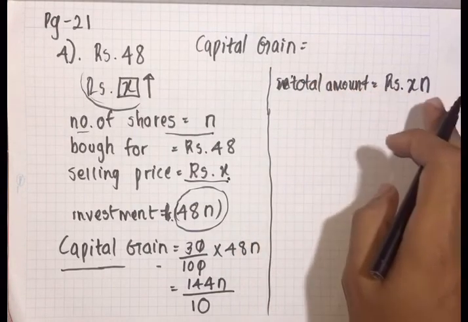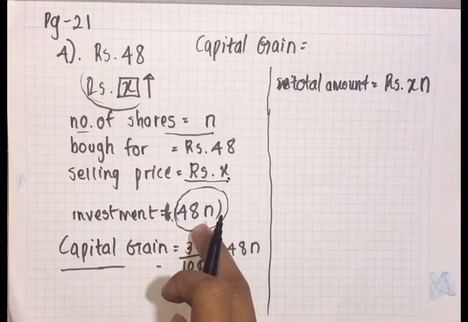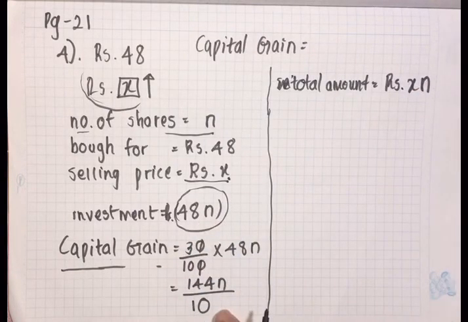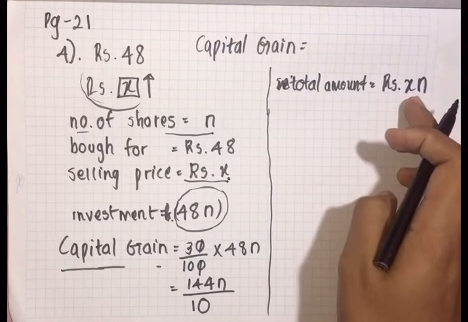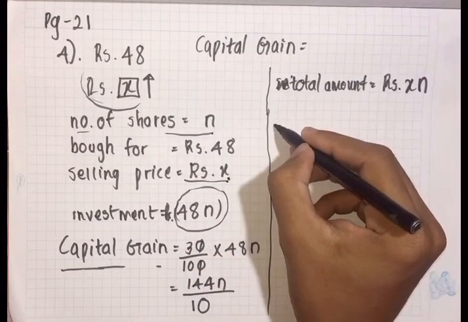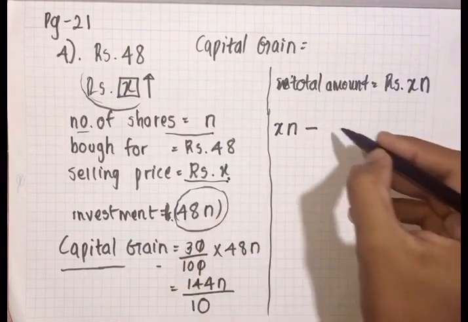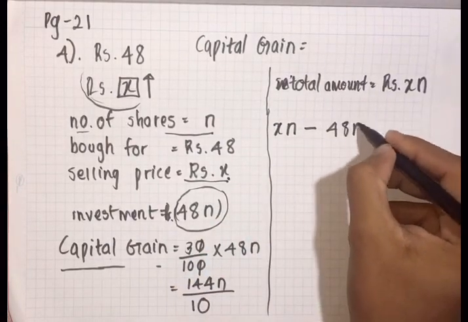This is the amount he got at last. From this you have to subtract the investment amount, and that gives you the capital gain. It seems very easy, right? Therefore, from xn you subtract how much he invested, 48n.